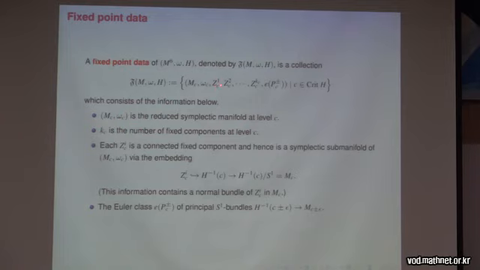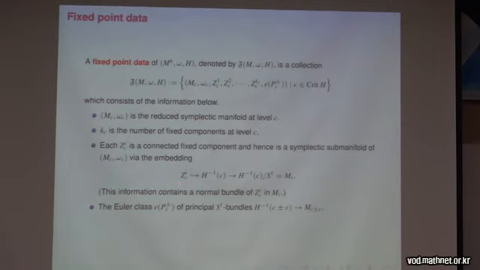And Z_C1 to Z_CK_C are fixed components lying on the level set at level C. Using this embedding, each Z_Ci is a symplectic submanifold of the reduced space.